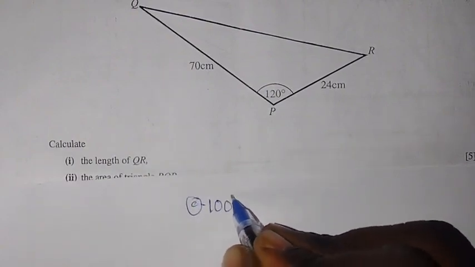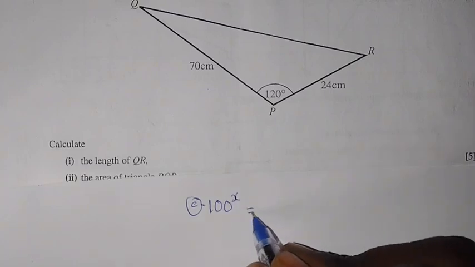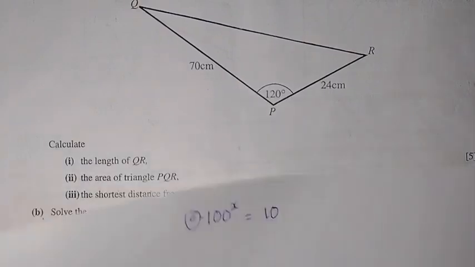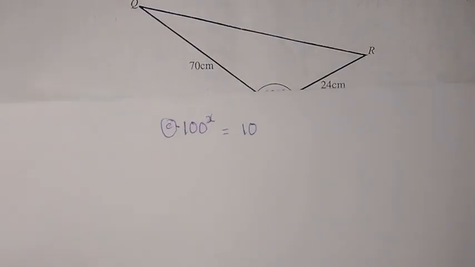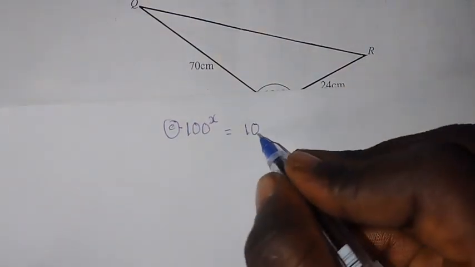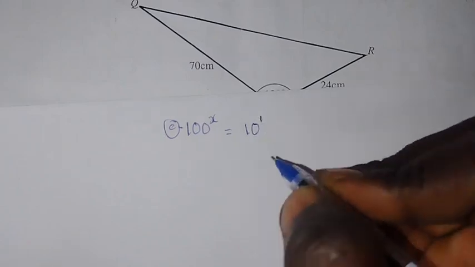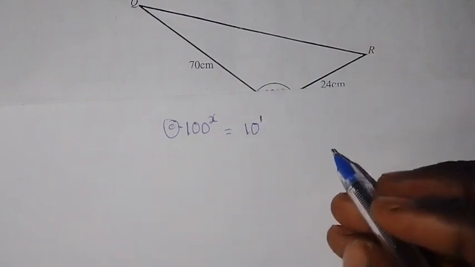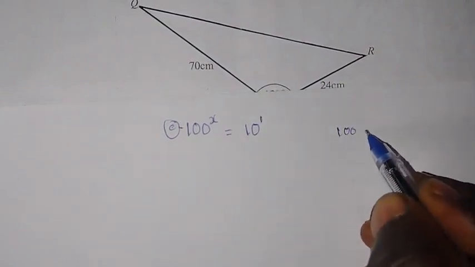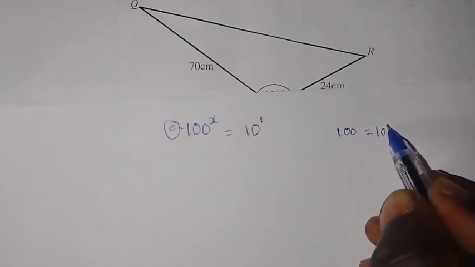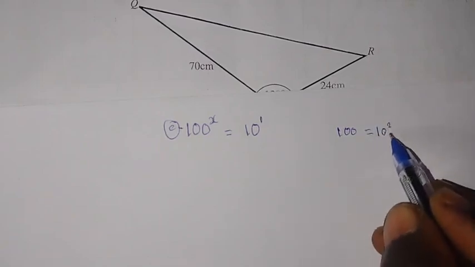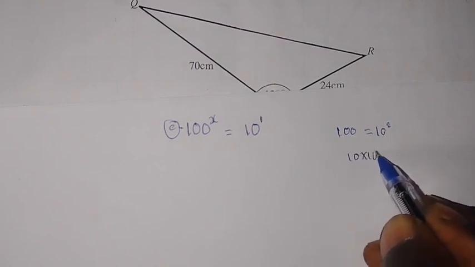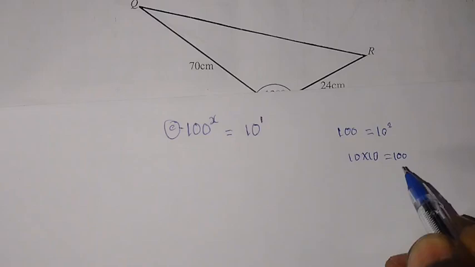So 100 raised to the power of x is equal to 10. First thing, you must notice that if a number is just like this, it means that it's raised to the power of 1. Then this 100 can be written in index form. 100 can be written as 10 to the power 2, because 10 to the power 2 means 10 times 10, which gives us 100.